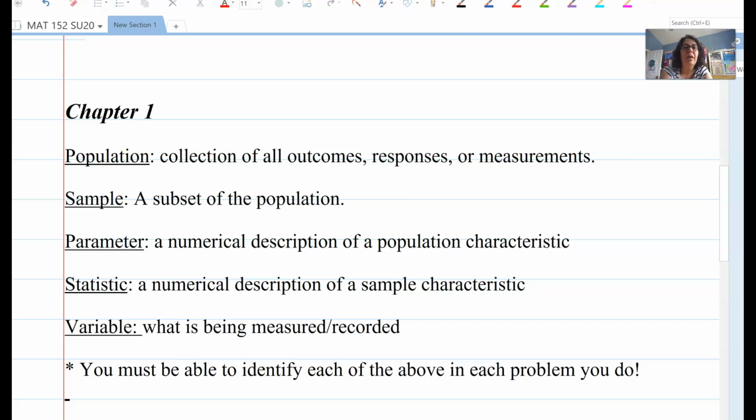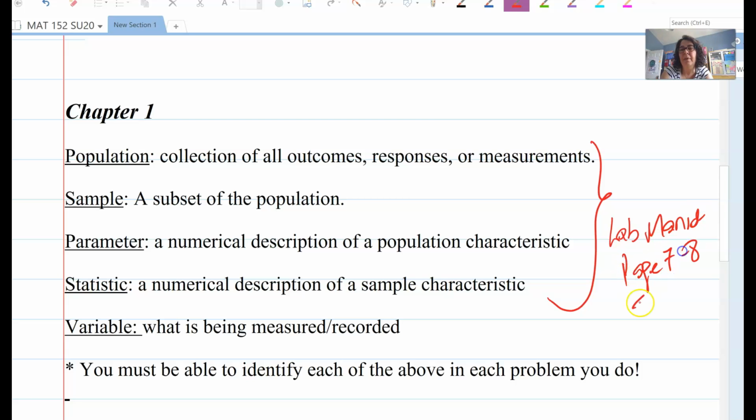Sometimes my pen acts out. So look at your Lab Manual, page 7 and 8.